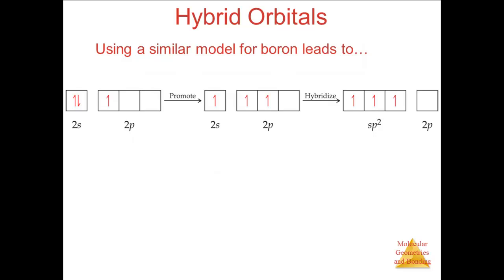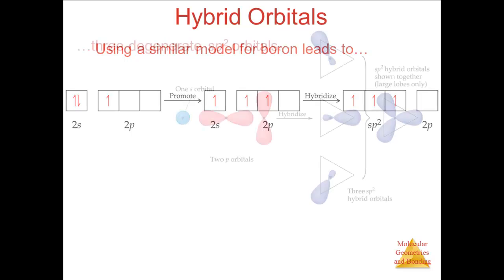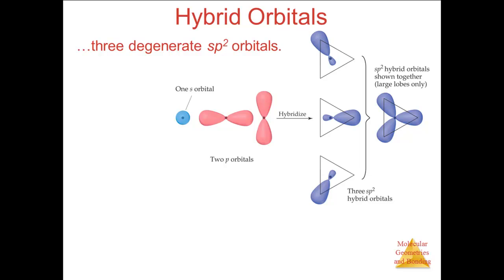Boron tends to form molecules with 3 bonds, so we can mix the s and 2 p orbitals, leaving 1 p orbital unhybridized, to get 3 sp2 hybrid orbitals, which have a trigonal planar shape, 120-degree angles, and energy again between the original s and p orbital energies.